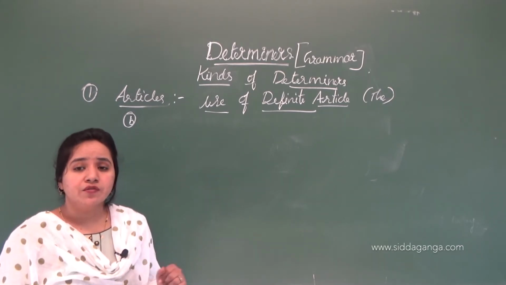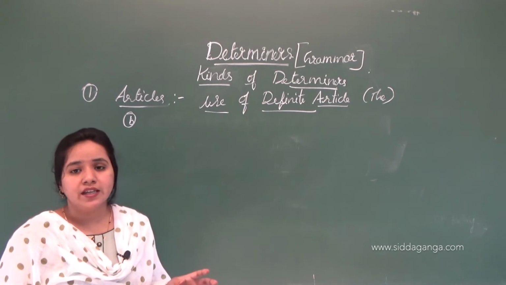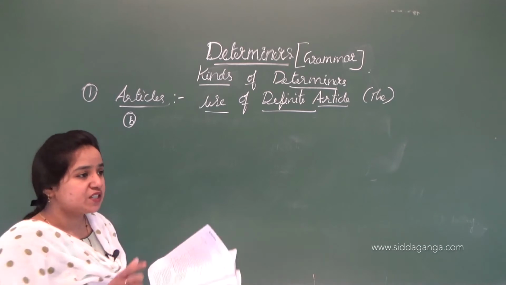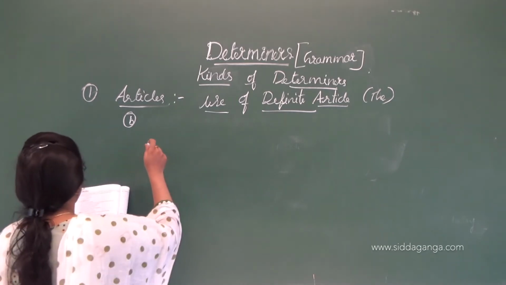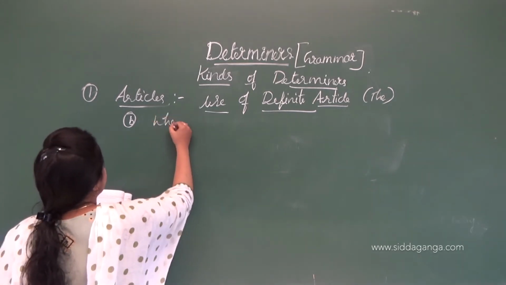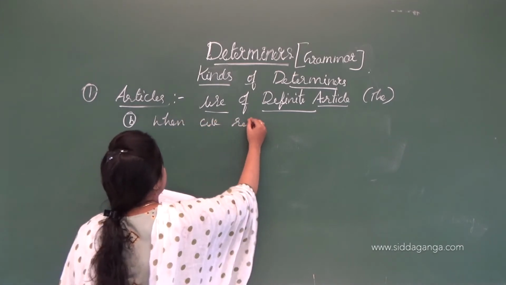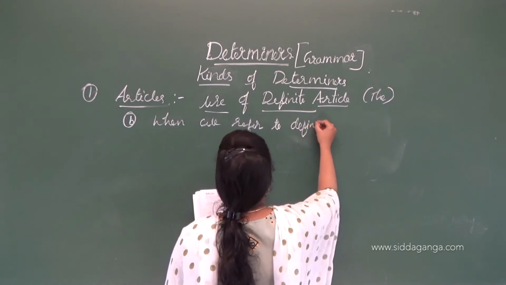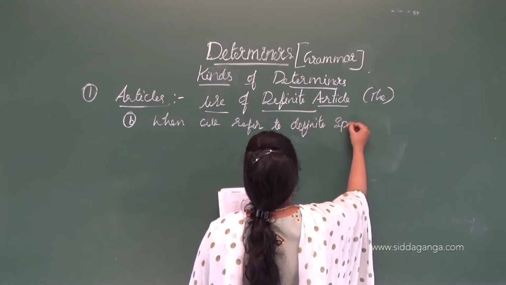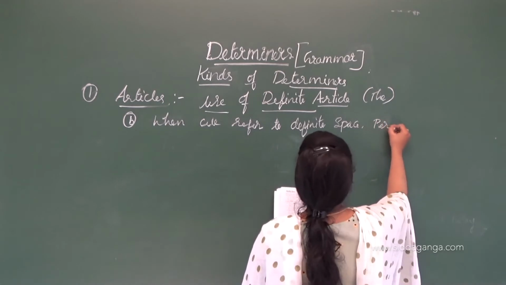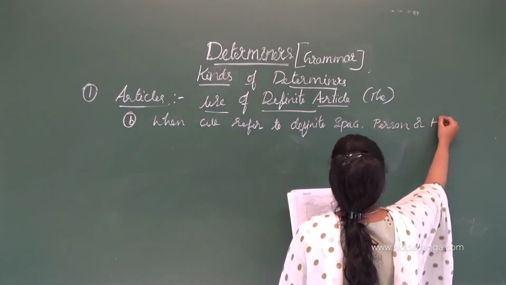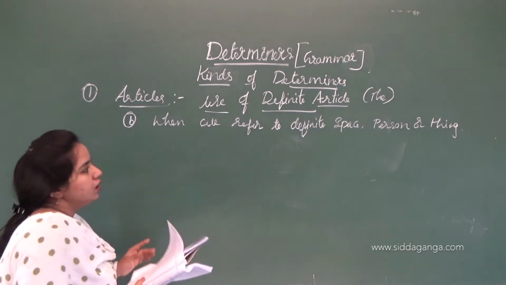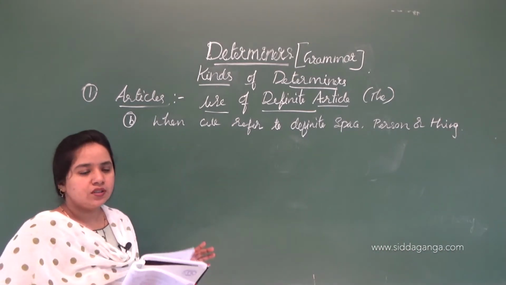When it is used to refer to a special thing, a definite space, and also things and persons, in that situation the is used before the nouns.